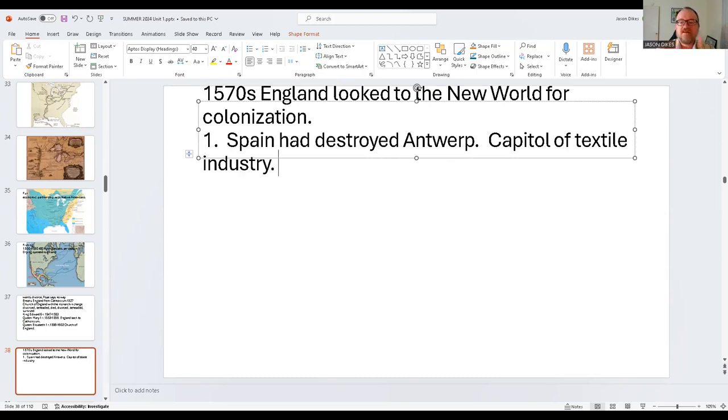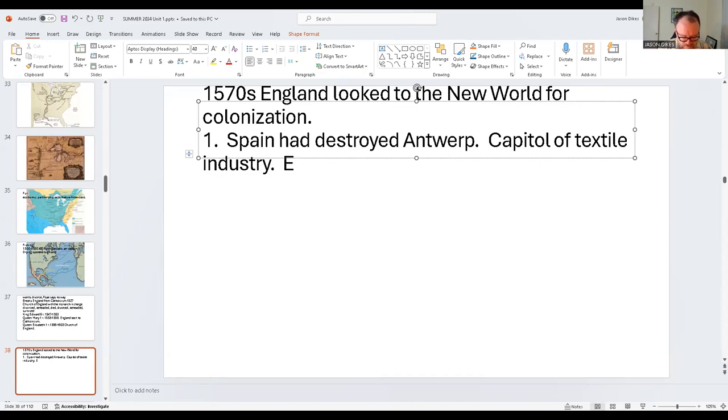Okay, so cotton, linen, silk, those types of things. All the innovation came from Antwerp. You can think of Antwerp as sort of the Silicon Valley of the textile industry. So new methods of making silk, new methods for cotton, new methods of dyeing, of adding color, all of that would have taken place in Antwerp.